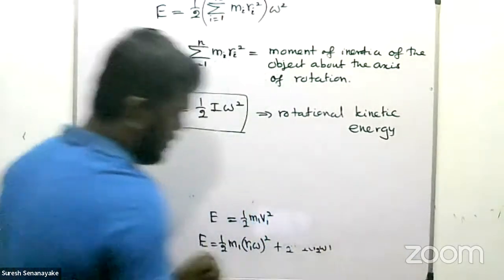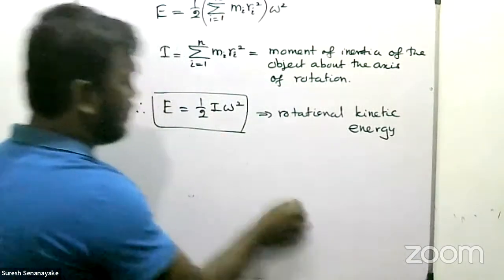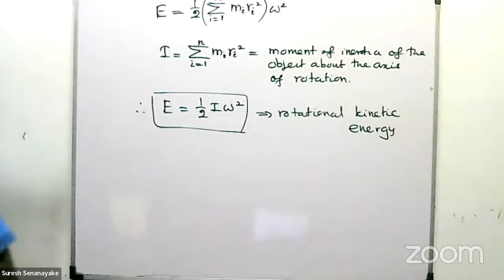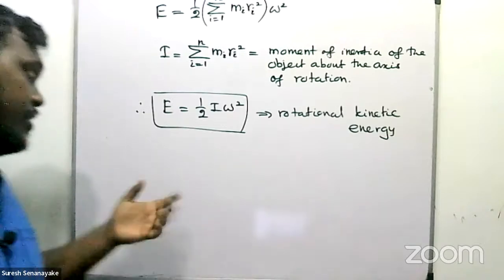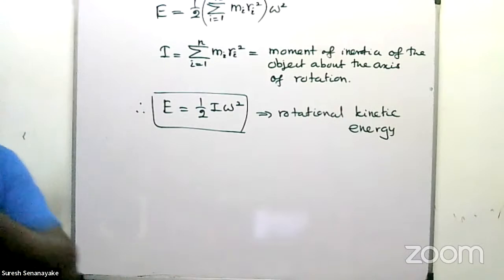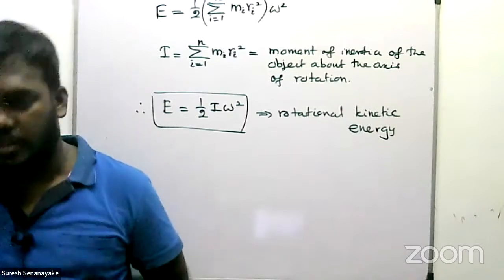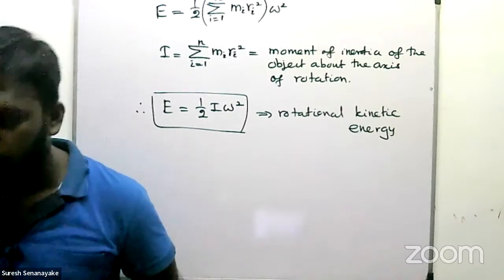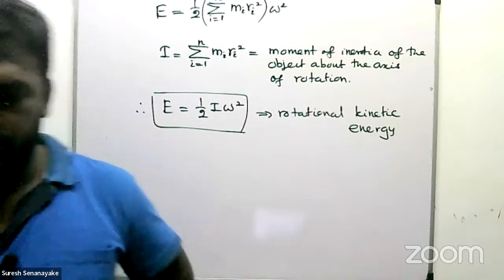Okay, write this: half I omega square, similar to half mv square. For different shapes of the body, the I will be different. So then you can calculate the rotational kinetic energy of any system.